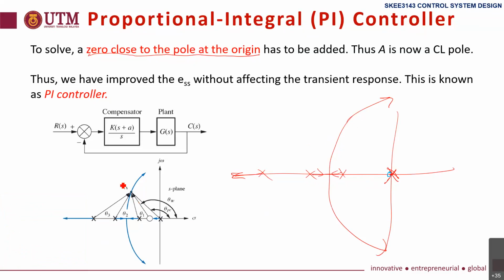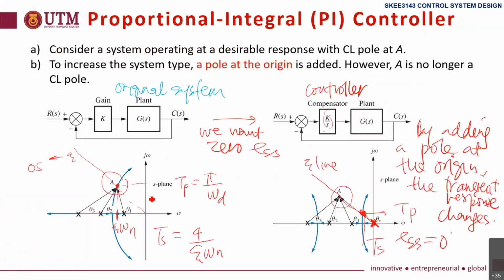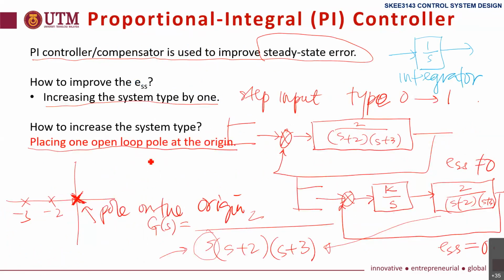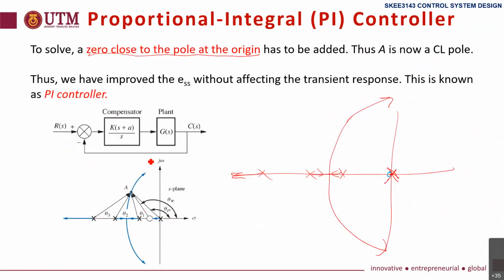It will be the one drawn here, and if you see, it can be similar to the one here, to the original system. Although we can admit that it will be slightly different because of adding pole and 0.